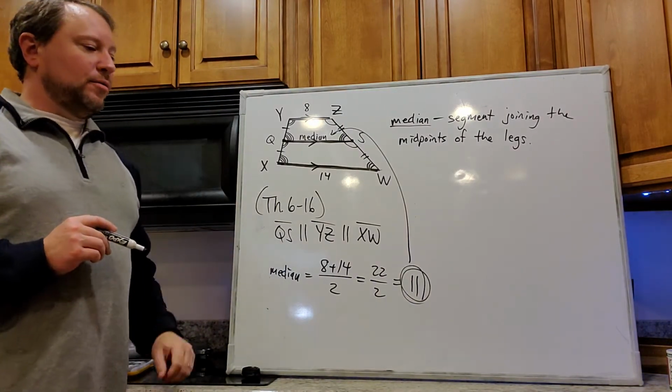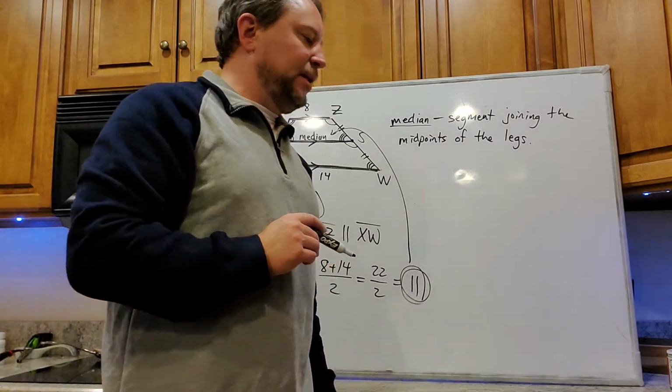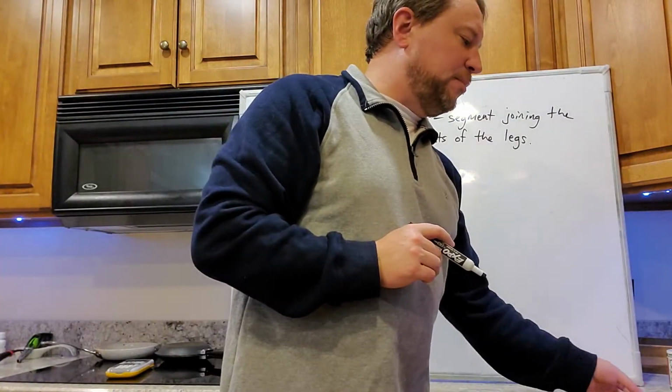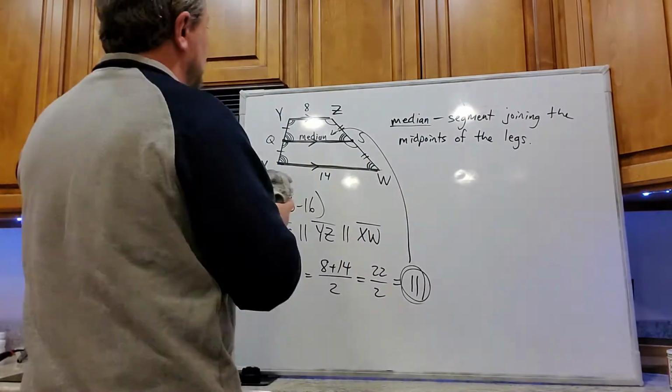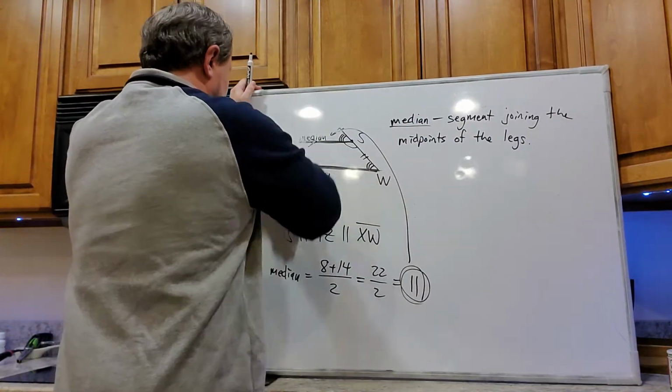All right, so with all of that in mind now, let's go ahead and try some problems here. So I'm going to clear my board and jump right into some.